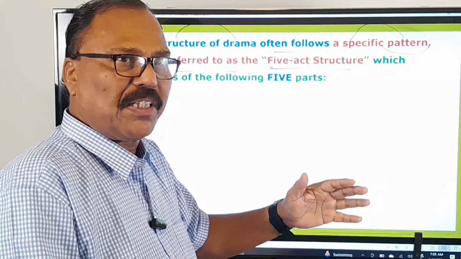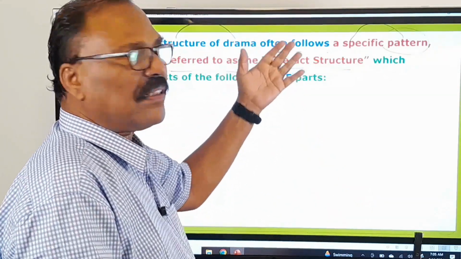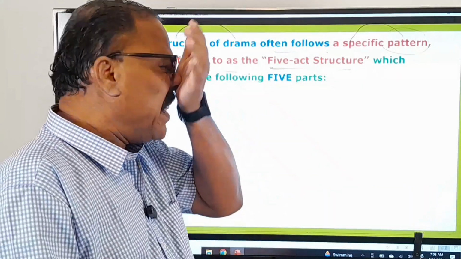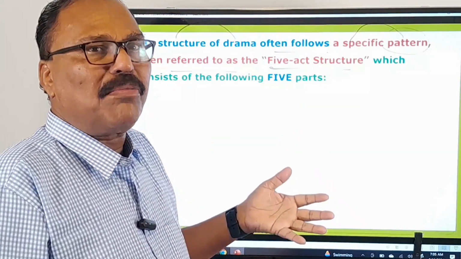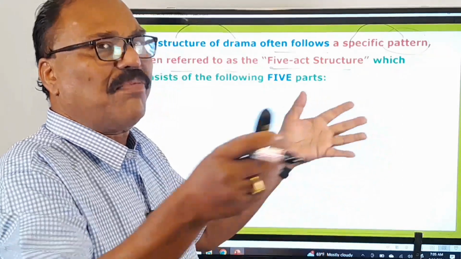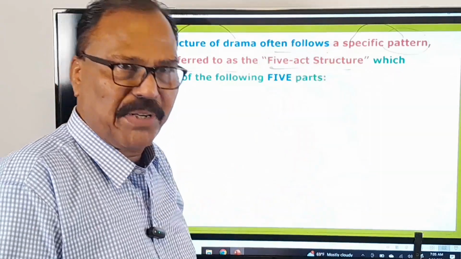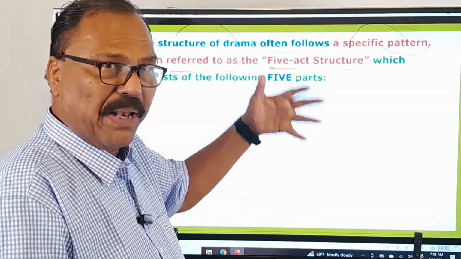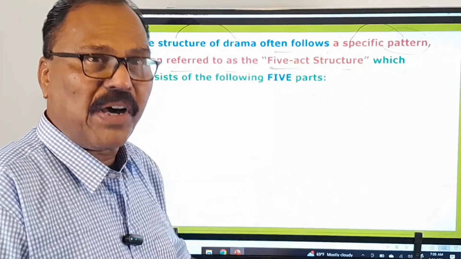After some time, this 5-act play has come down to a 3-act play, because people wouldn't like to sit in front of the stage and watch a performance for that much time. And after that, from the 3-act play, it has come down to the 1-act play.